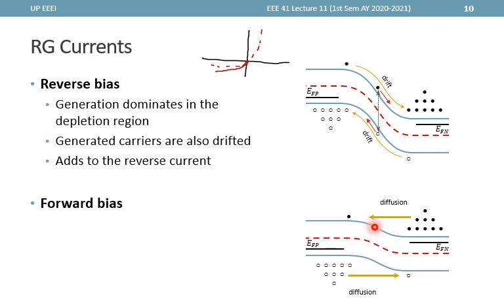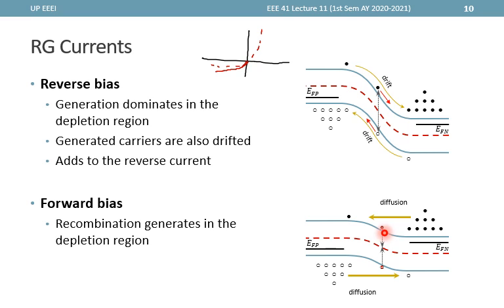However, at the depletion region, the dominant process now is recombination, since there are more carriers here than usual. So there are carriers here that are recombining, and if this electron here recombines along the way, then it will not be able to reach this portion.